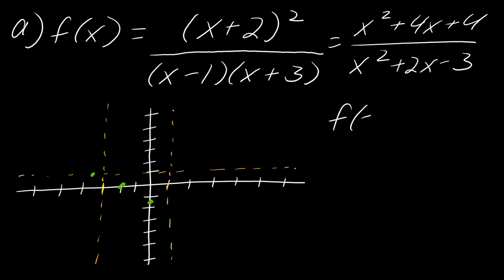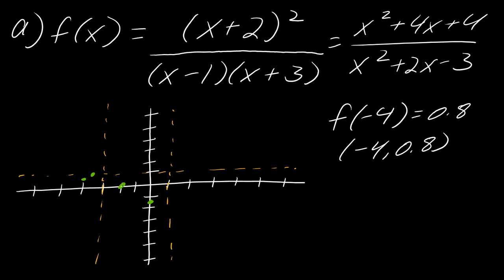So if I take f of -3, or wait, -3 won't work, sorry, that's my asymptote, I meant -4. -4 will give me 0.8, so I'll have this point. So -4 and 0.8 is around here.